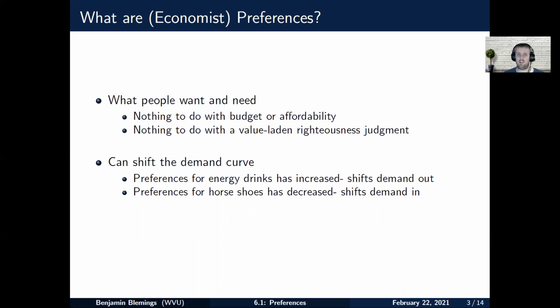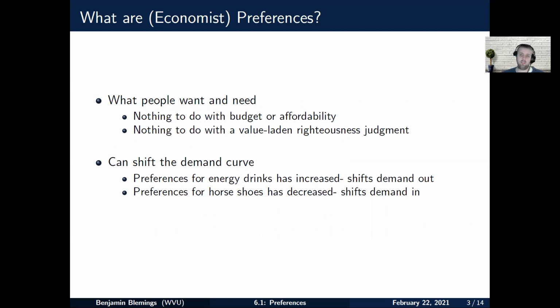You've already seen us talk about preferences within the context of demand. We know that a change in preferences can shift the demand curve. For example, over the 2000s, preferences for energy drinks increased. Before about 2000, no one had heard of an energy drink, and so the prevalence of energy drinks shifted the demand out for energy drinks. Another example would be that preferences for horseshoes have decreased because we don't use horses as our main transportation anymore.